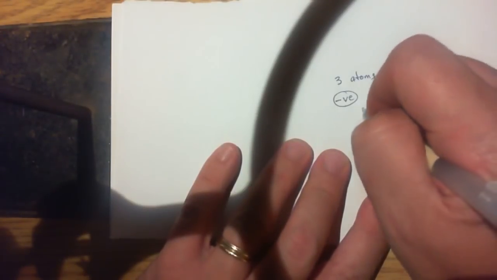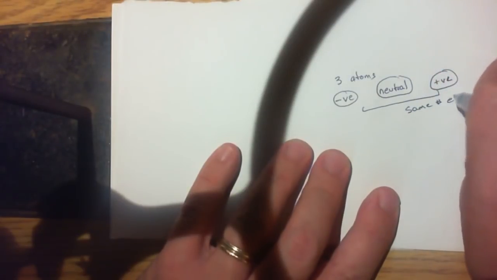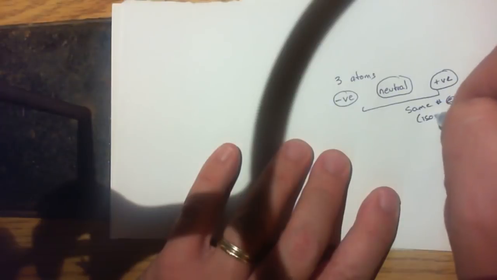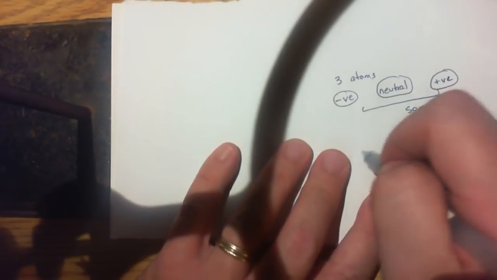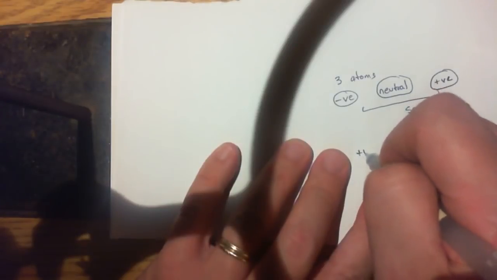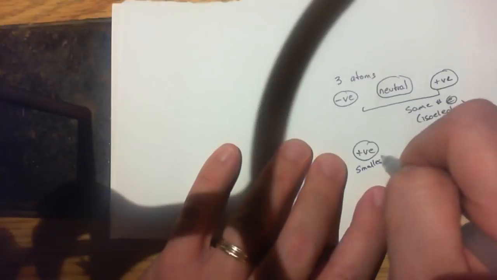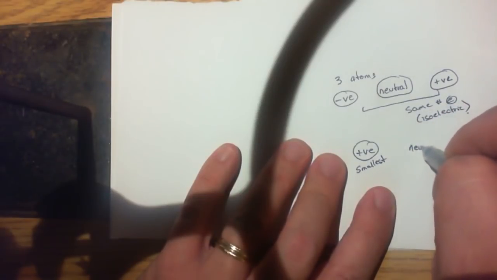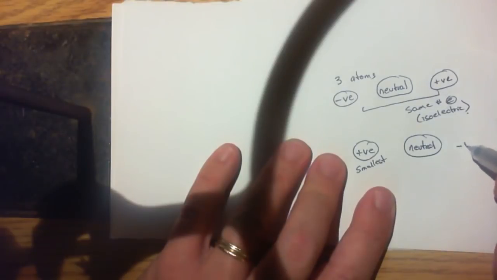If they all have the same number of electrons, they're isoelectronic, then the positive ion would be the smallest, the neutral would be in the middle, and the negative ion would be the largest.